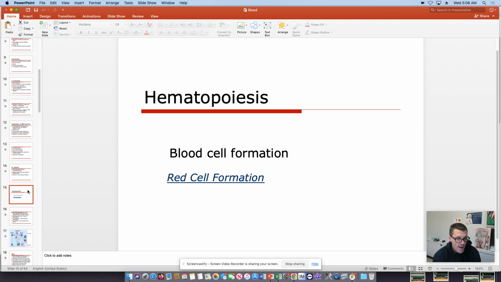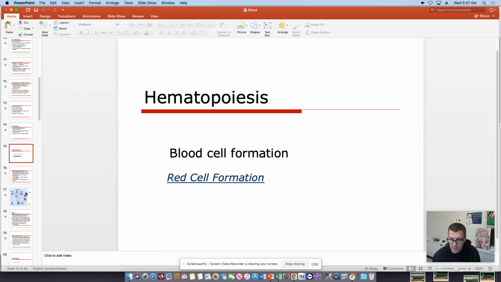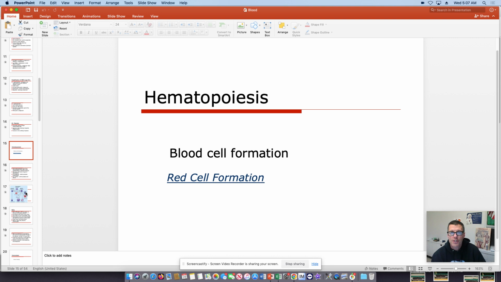Okay, now the next thing that we're going to talk about, if you turn ahead to page 302, is hematopoiesis. Hematopoiesis is the production of blood cells. There's some interesting information here with regard to what we might call stem cells.